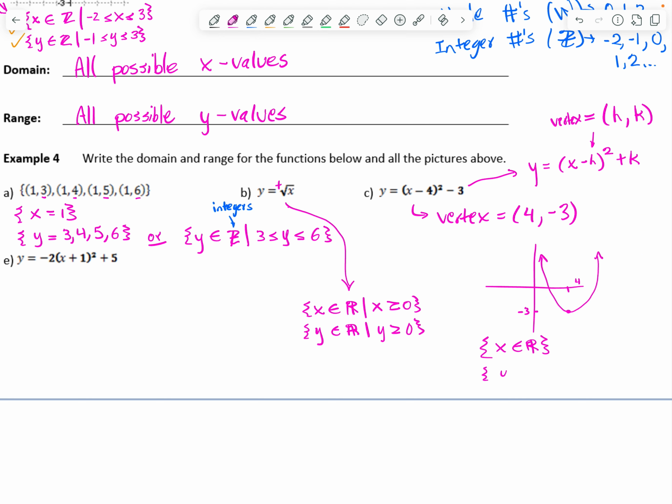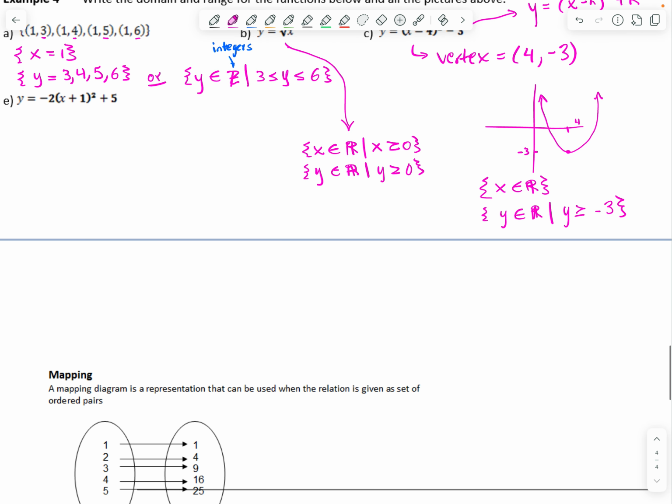And then for the range, there's a little catch, so I would say y is an element of the real number system, such that y has to be greater or equal to -3. There's no output that exists that is less than -3, right? So I'll never get an output less than -3.